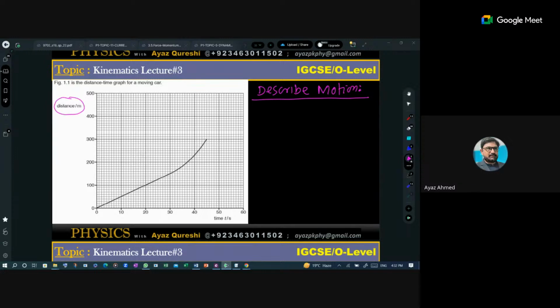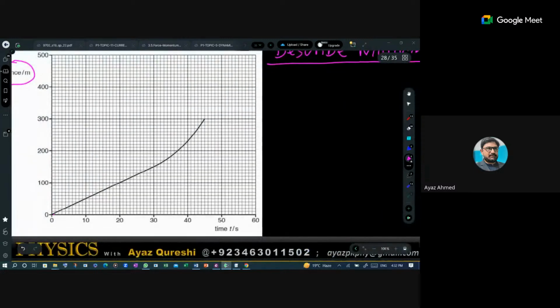Okay, a distance-time graph is there, so you are saying it is constant speed from this point till 30 seconds, and then between 30 and 40 seconds and so on, it is accelerating. Are you agreed? Yes, sir.